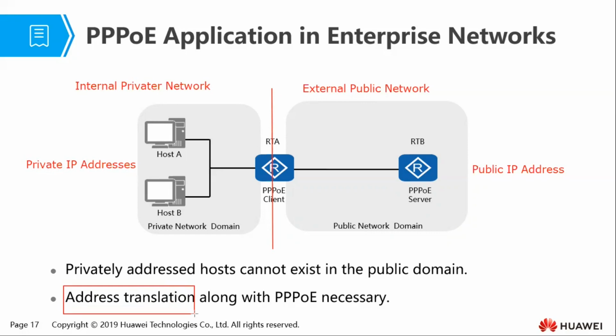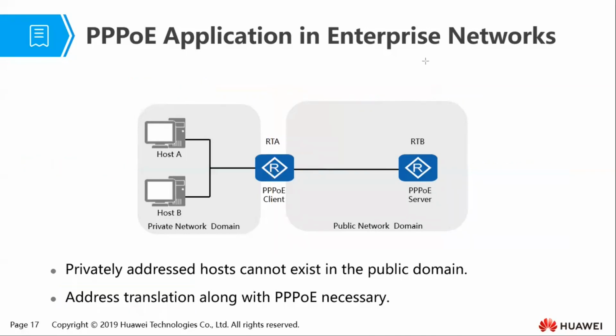It creates an association between private addresses and public addresses, so that when you're going out, we give you a public address, and when you're coming in, we swap that packet with a private IP address. There's an entire topic about NATing that we are going to learn in the coming chapters. Don't worry about that right now, but just understand that for you to use PPPoE, you must also configure NATing at your PPPoE client, which is actually your router.